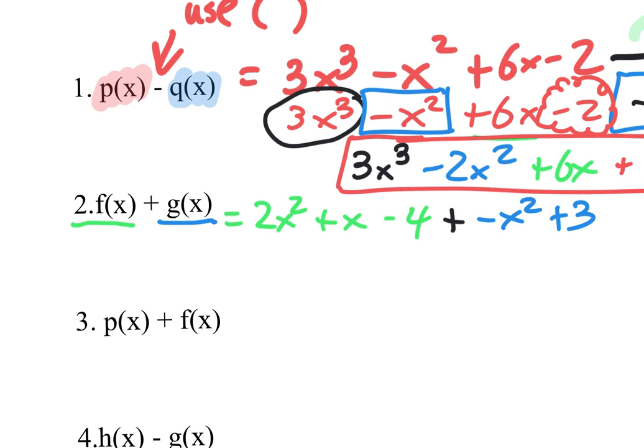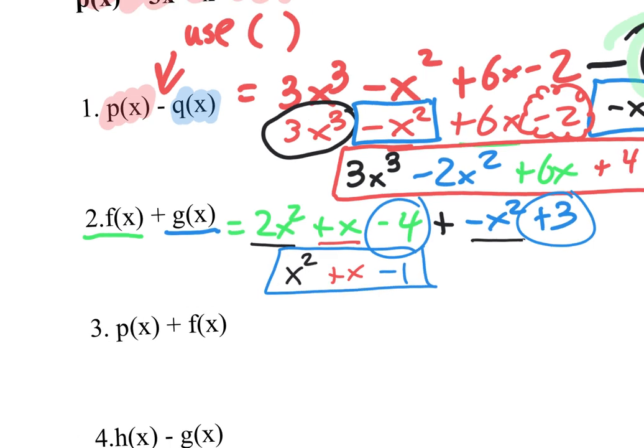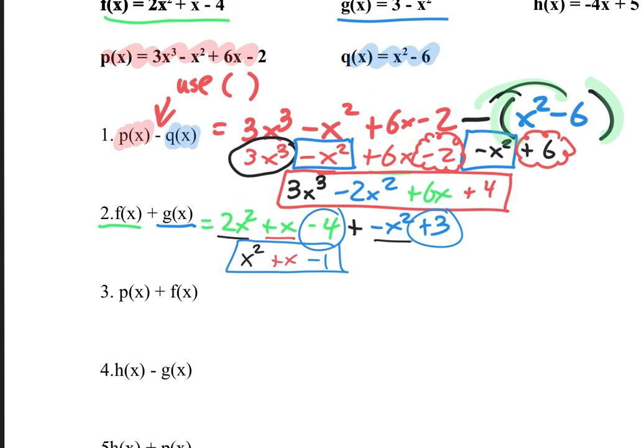So again, I'm going to underline my x squareds. 2x squared minus 1x squared, that just makes 1x squared, which you don't have to put the 1. And then I have my x's, and there is no x over here, so plus x. And then I have my constants, and negative 4 plus 3 makes negative 1, and there's our answer. Boom, boom, boom. Okay. On both of those, that's the way that you do it where you keep it all in a line, okay?